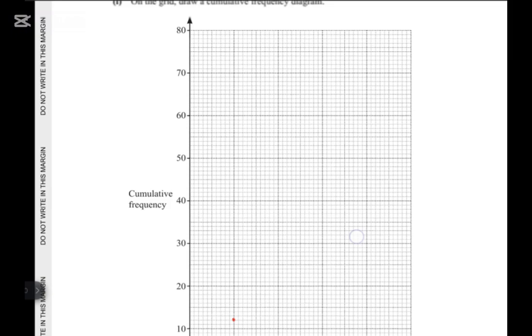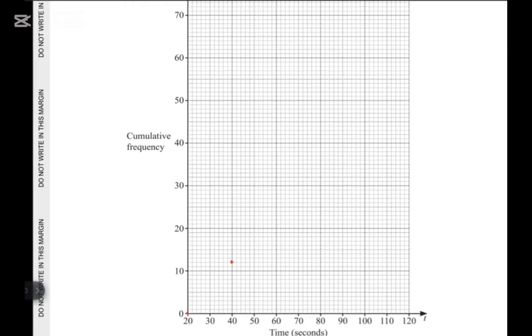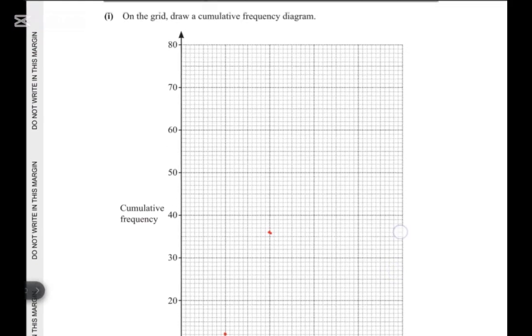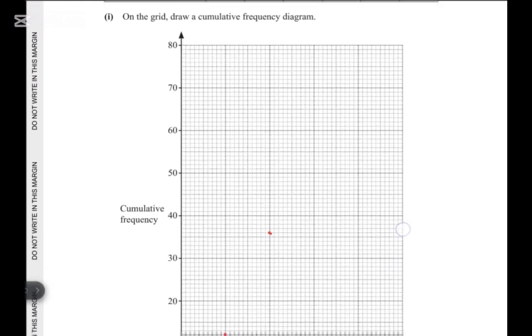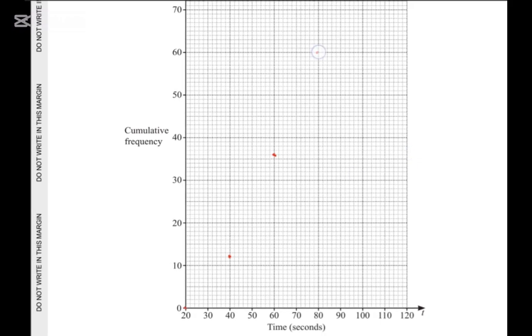Then next is 60, 36. 36 will be straight away in 60 here, after 30, 6 boxes. Then 80, 60. 80 and 60 is directly here.